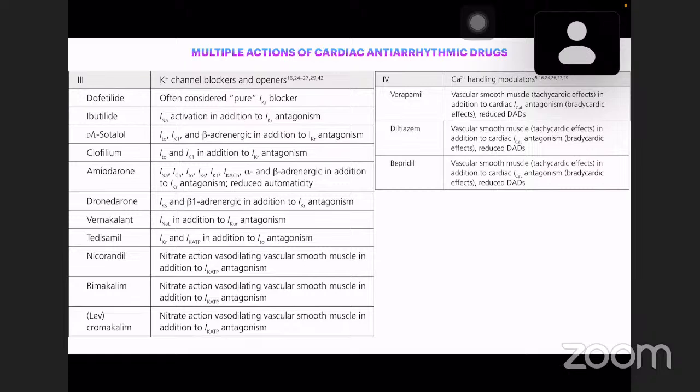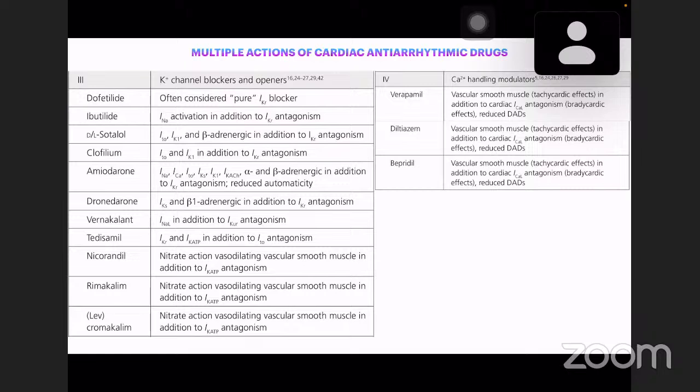And nicorandil has nitrate action, causing vasodilatation of the vascular smooth muscle. And these drugs, remakalim and cromakalim, are not defined in any class, but these also act the same as nicorandil.